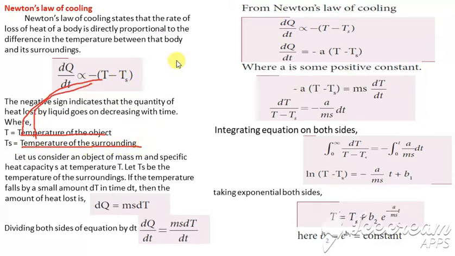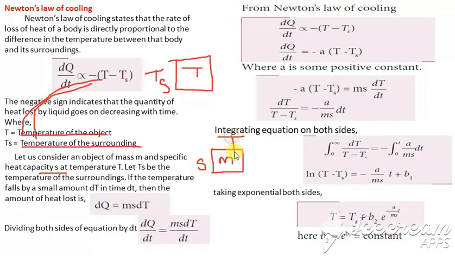Now let us consider an object with mass m, specific heat capacity S and temperature T, and outside the surrounding temperature is Ts.